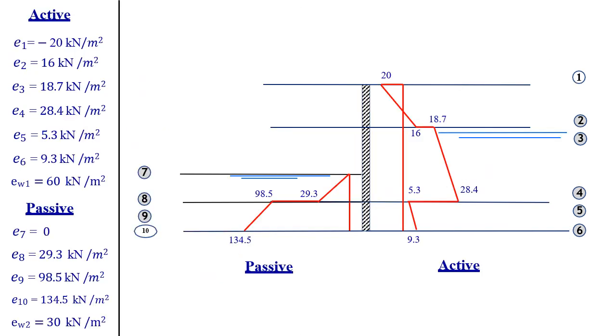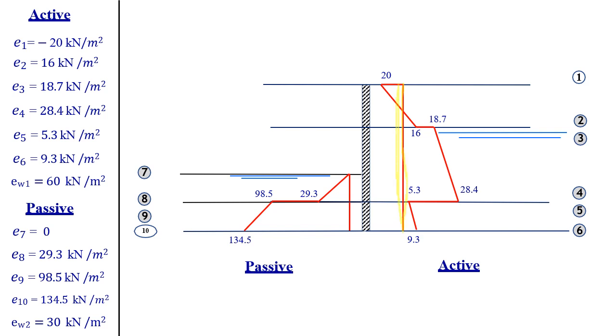So this slide summarizes the calculations we made in the last slides. You have 6 points on the right hand side which were calculated by the active earth pressure equation. You just have to plot these values and draw your diagram.